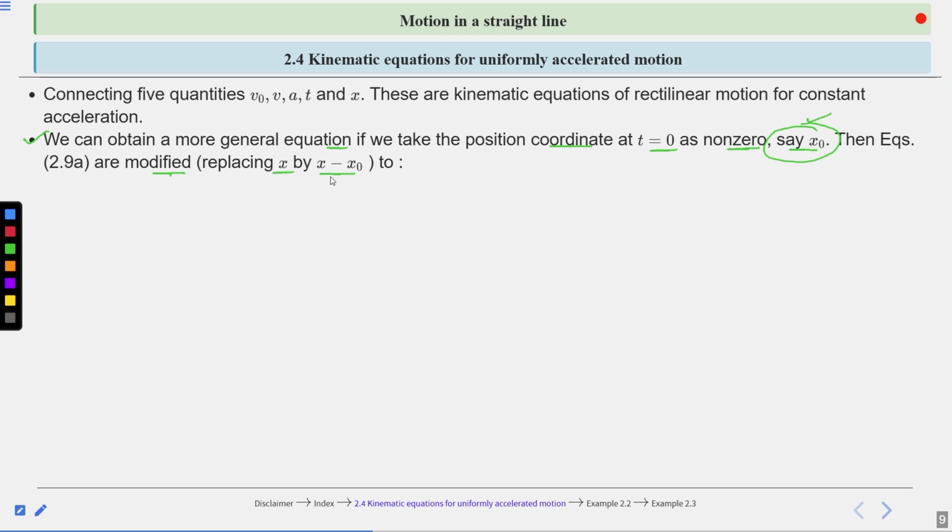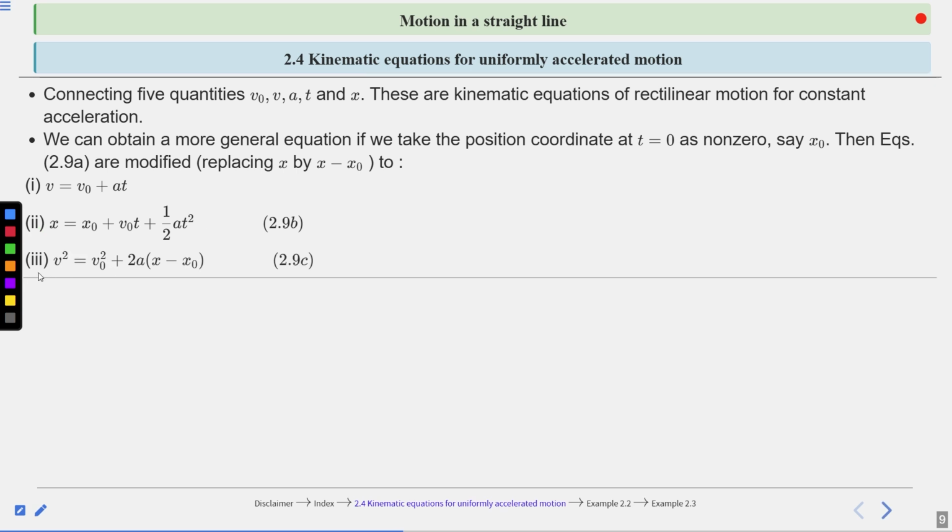So the equations become: first, v is equal to v naught plus at. Second, x is equal to x naught plus v naught t plus half at square, and let this be equation 2.9b. And the third equation becomes v square is equal to v naught square plus 2a into x minus x naught. Let this be equation 2.9c. Clear?